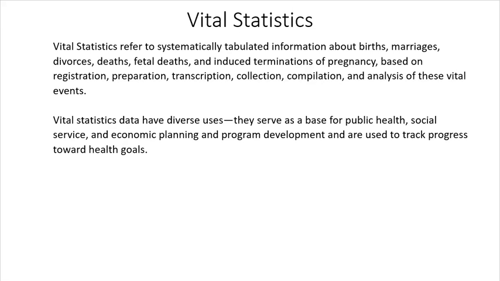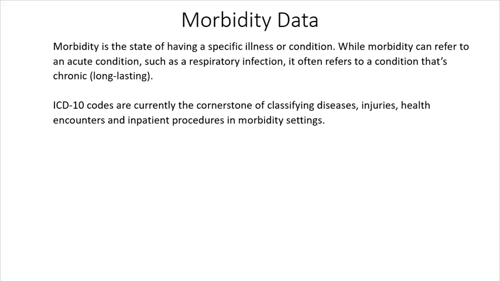So the thing to remember here is that vital statistics have a lot of medical components, but births, marriages, divorce are really not medical events. They're life events. So vital statistics is used to keep track of a lot of things, including things that aren't necessarily medical.